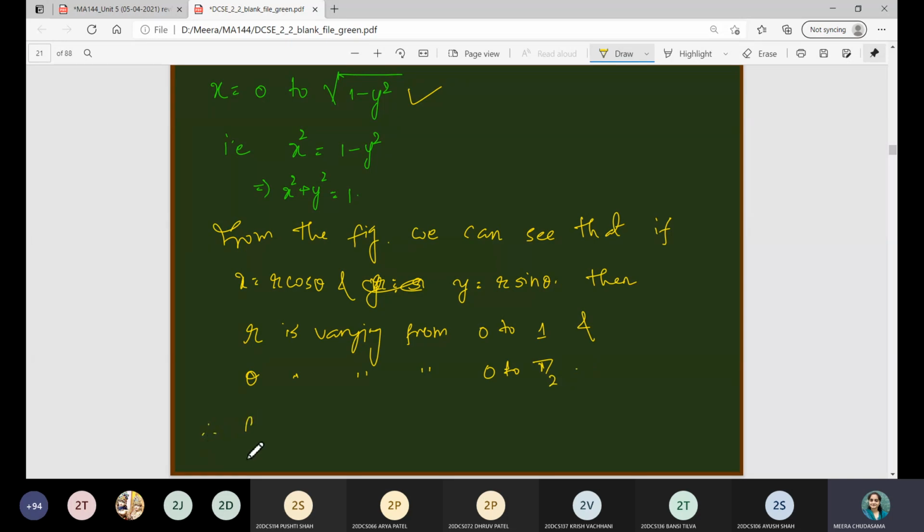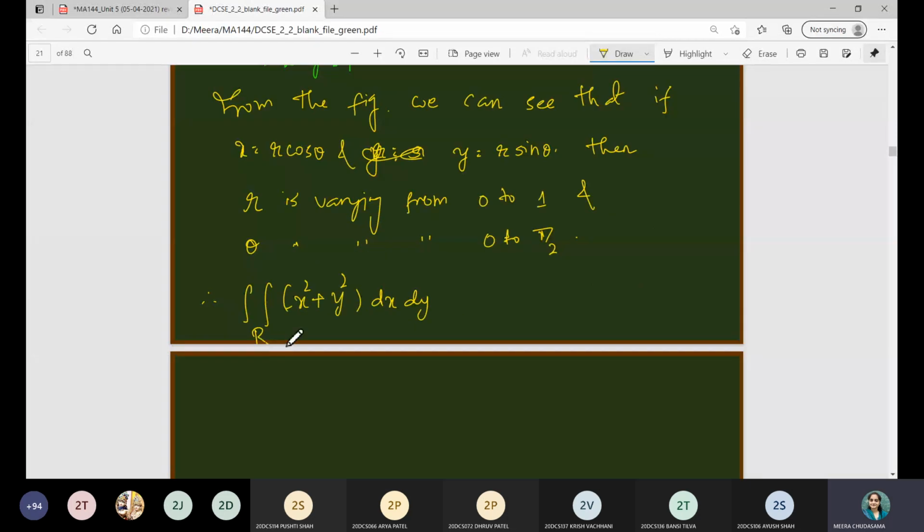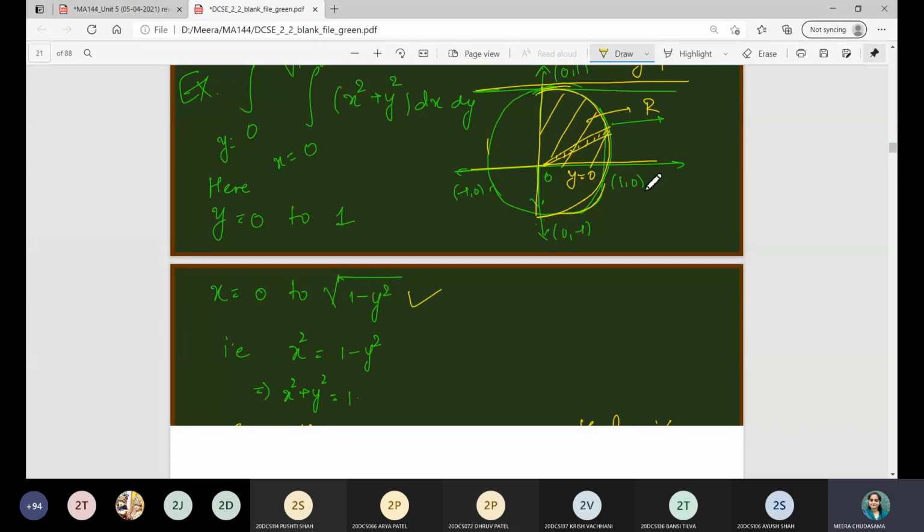So therefore the double integration, we are given x square plus y square dx dy over region R. I will just write it in the figure also.